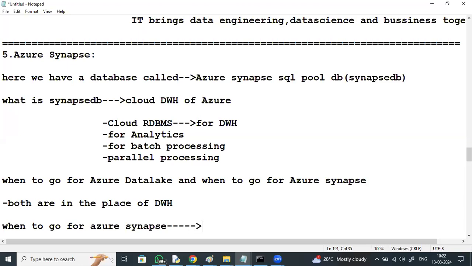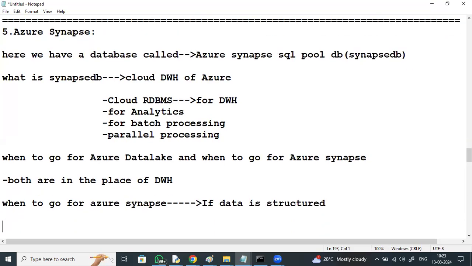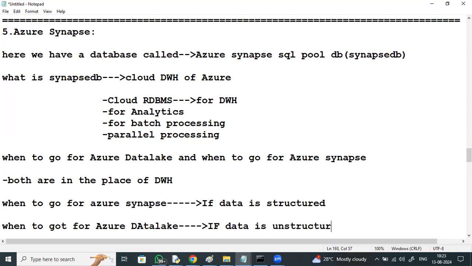If data is structured. Azure Data Lake if data is unstructured or semi-structured.